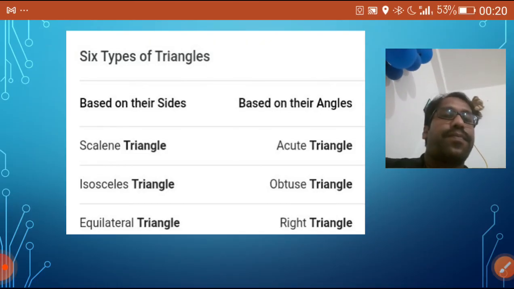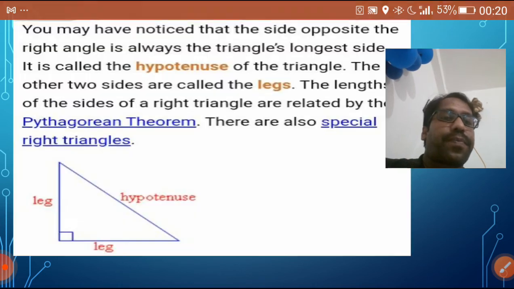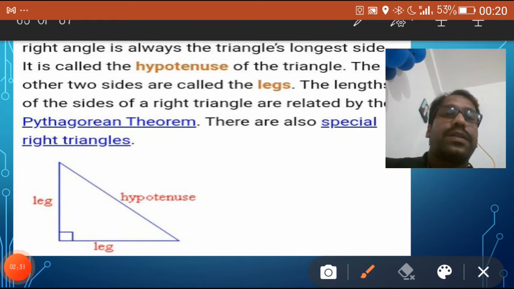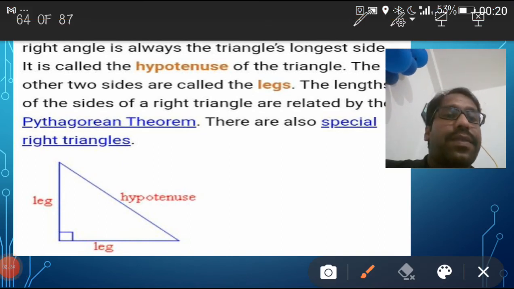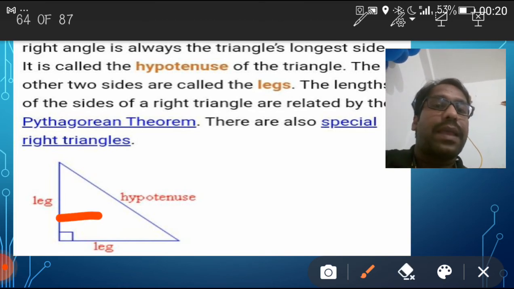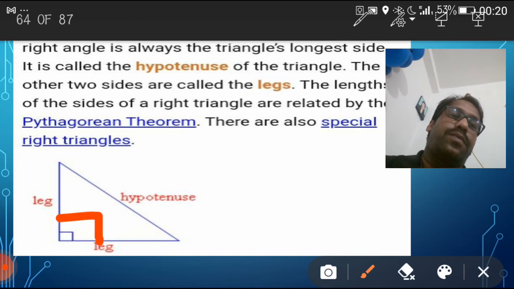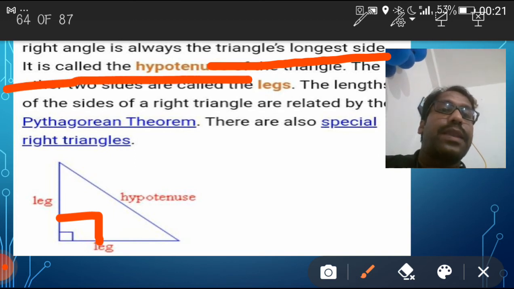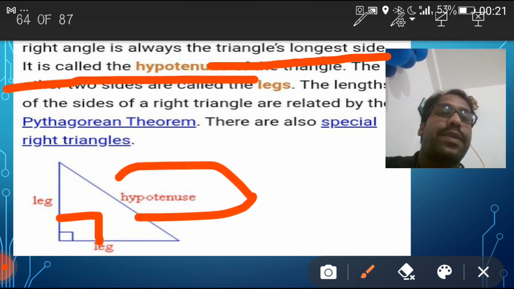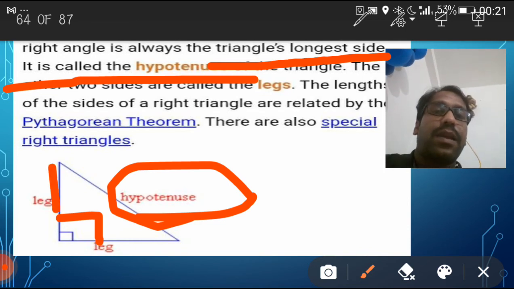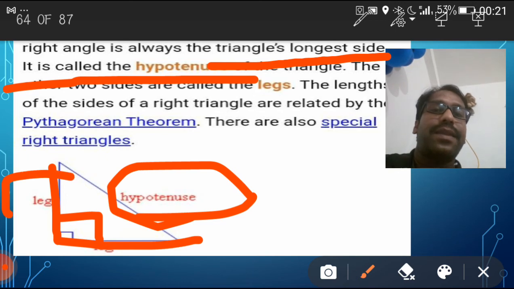A right triangle is a triangle in which one angle is 90 degrees. In the right triangle, the triangle's longest side is called the hypotenuse. The other two are called the legs of the right angle triangle.